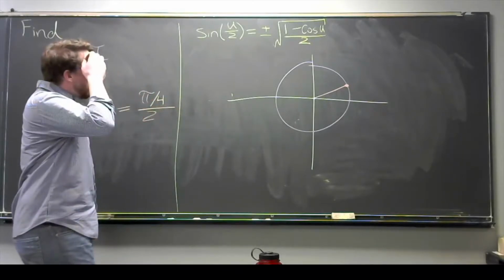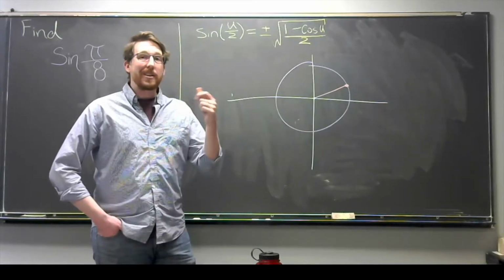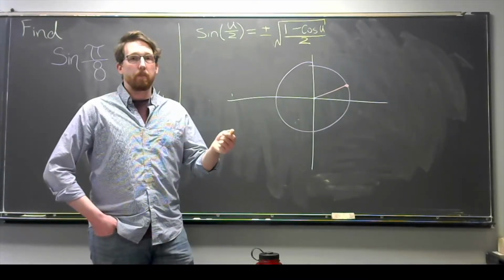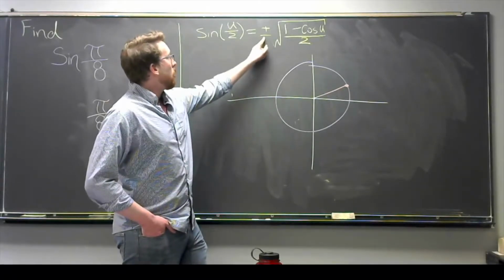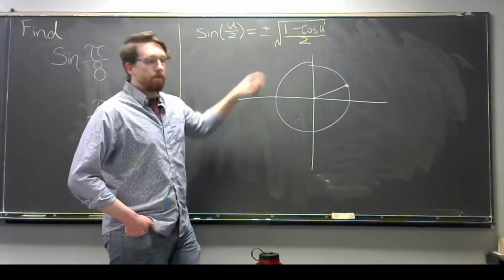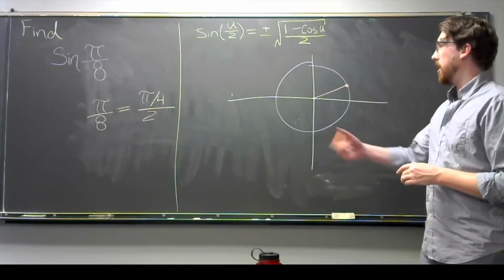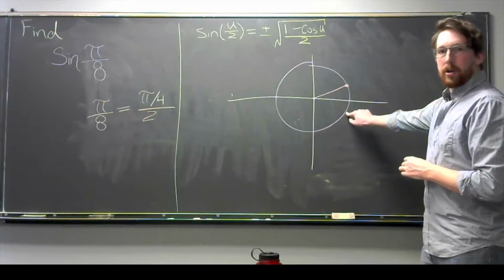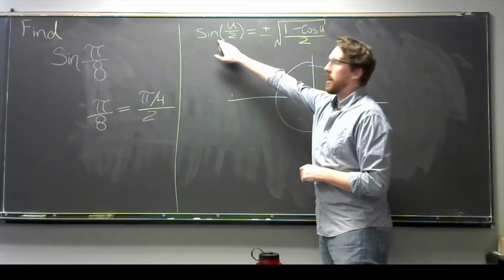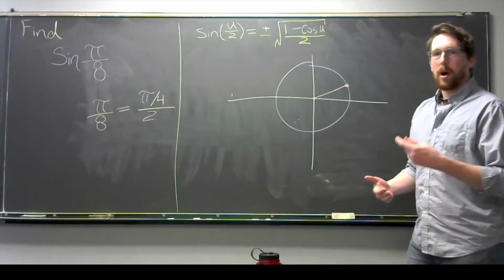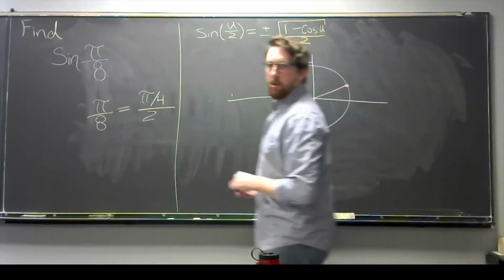So because pi over 8 lives about here, we know that both sine and cosine are going to be positive. For that reason, we knew that we were going to use the positive case of this. Now, what if I had said negative pi over 8? Well, that would be around here-ish, and we need the negative case. Why? Because we're taking the sine, and the sine corresponds to the y value along the boundary of our unit circle. That's all there is to it.